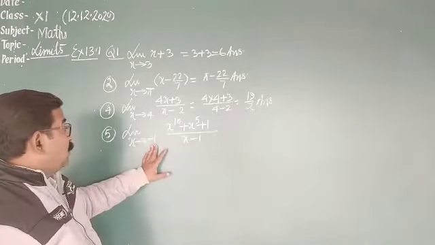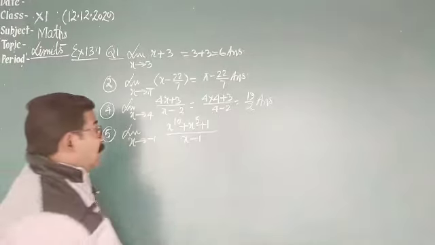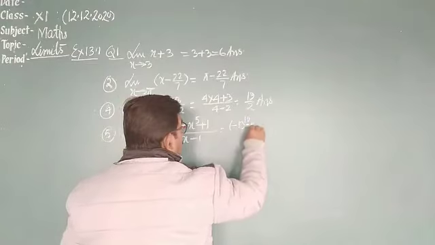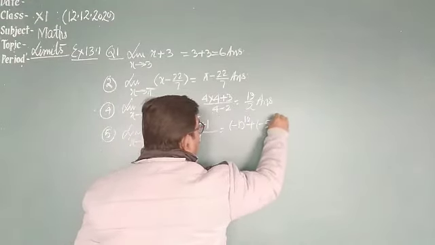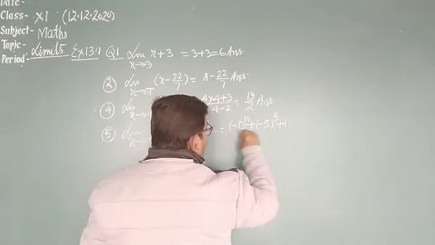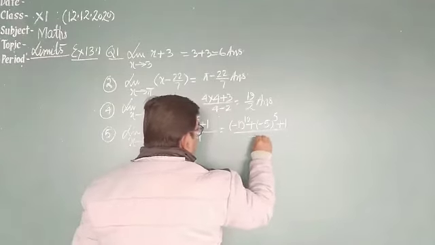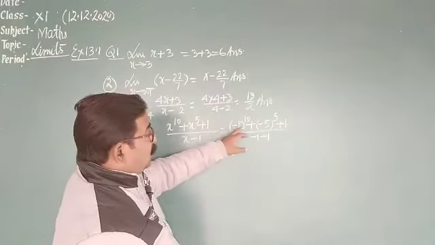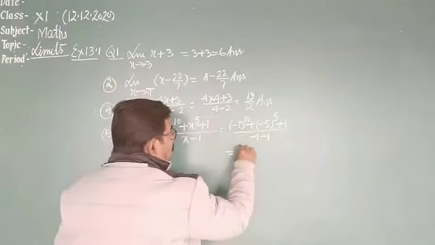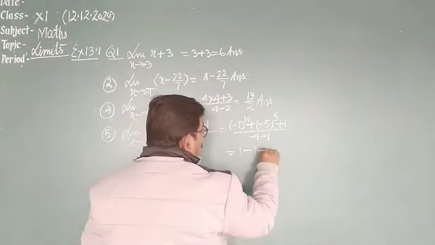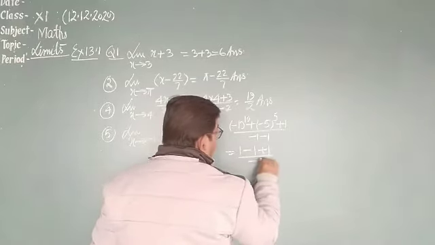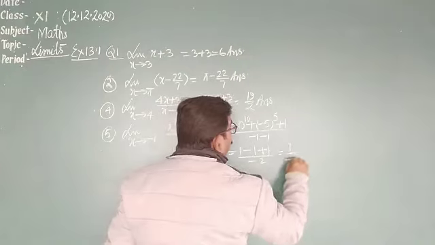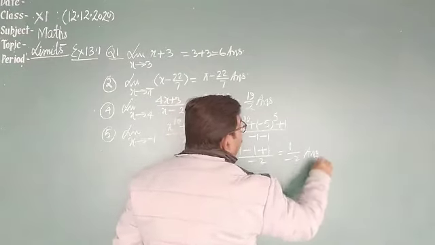Simply we put the value of x as minus 1: (minus 1 to the power 10 plus minus 1 to the power 5 plus 1) upon (minus 1 minus 1). So this time, minus 1 to the power 10, even power, becomes 1, this is minus 1, plus 1, upon minus 2. So this is 1 upon minus 2 is the answer.